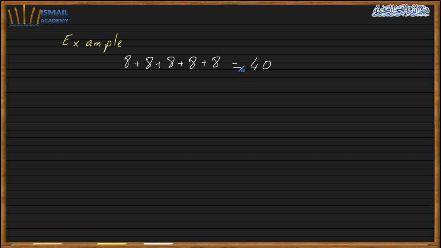Now, if I want to do it in reduced notation, in short notation, how many 8s do I have? I have 5 of 8, and we know that 5 of 8 is 40. You see, this is my multiplier. This is my multiplicand.